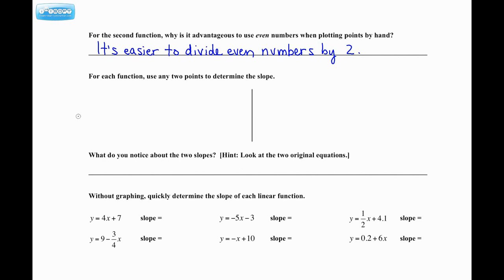So for the first one, I'm just going to write it down here, that was y equals negative 2x minus 1. The 2 points I'm going to use: the first one, that is negative 2 and 3, and I'll use the fourth one. You don't have to choose these points in particular. So let's work it out.